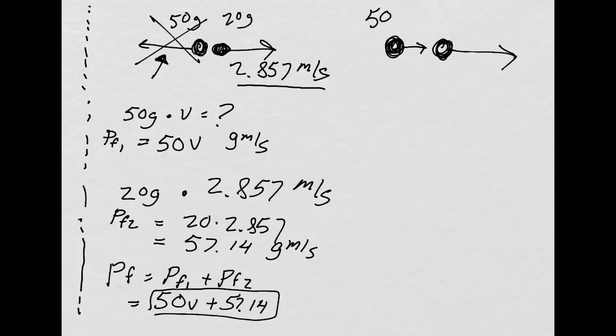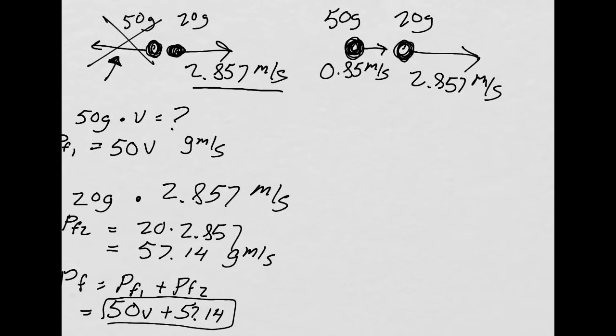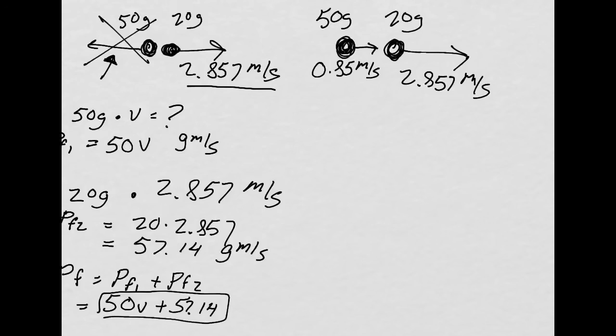So the 50-gram ball is moving to the right and the 20-gram ball is also moving to the right. So this is 2.857 meters per second, and our final answer was 0.85 meters per second. Both of the balls are moving in the same direction, which is unlike something we've seen before. So make sure you keep your signs in check.